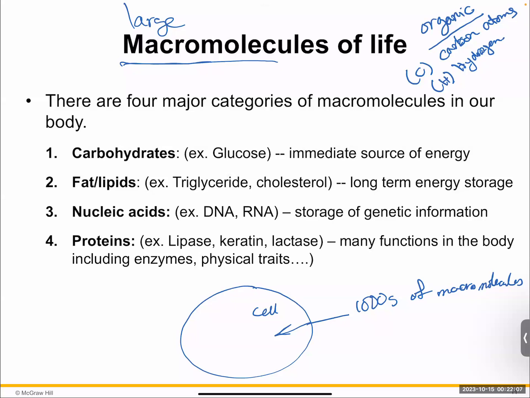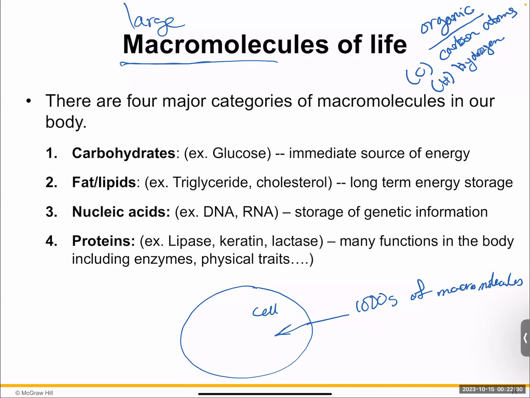Hence, we are identified as carbon-based organisms. They will also have other atoms like nitrogen or sulfur, but the most important building blocks of these macromolecules are carbon and hydrogen, therefore making them organic.